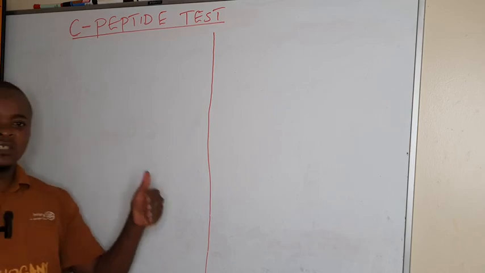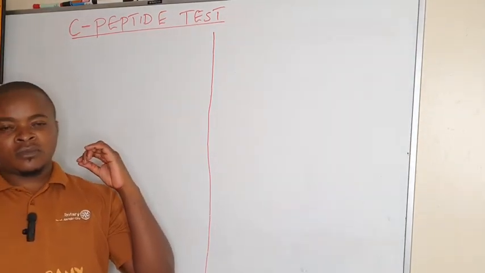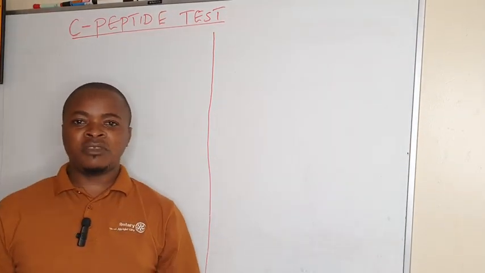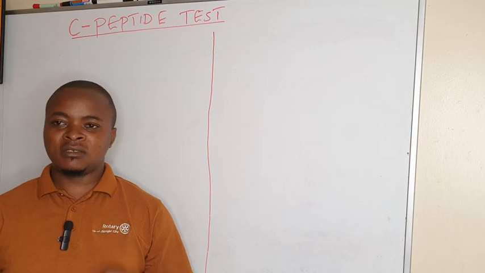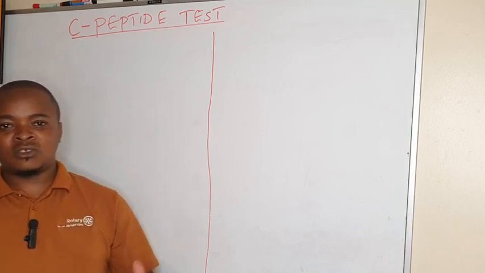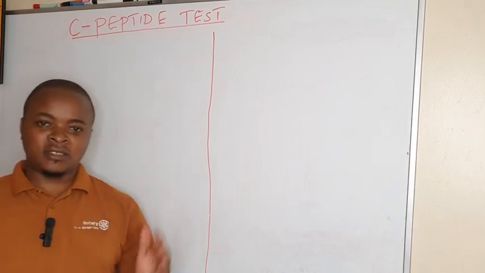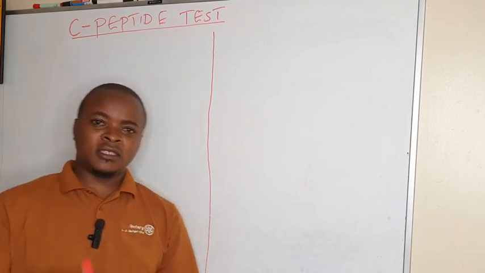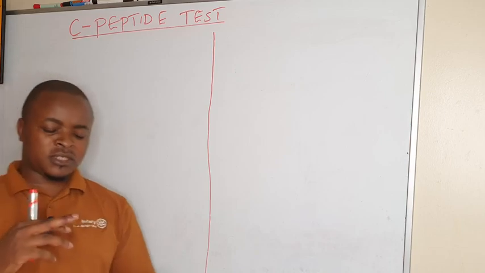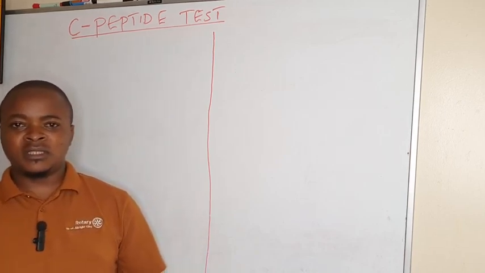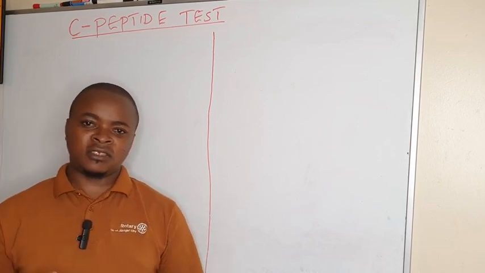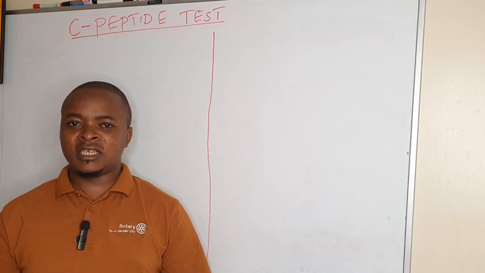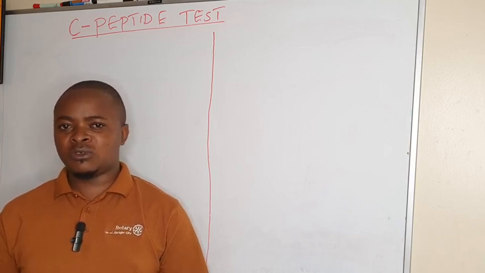Today we bring to you a test which is not commonly utilized, but is very important in the management of diabetes. That test is called the C-peptide test. We are going to see how it is produced, what the significance of this test is, when it is indicated, and who is supposed to do it.